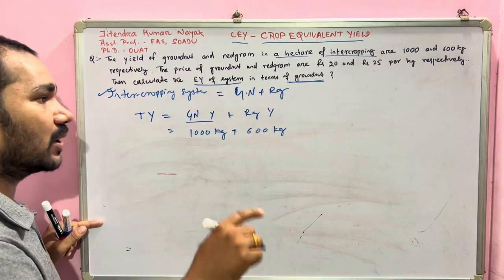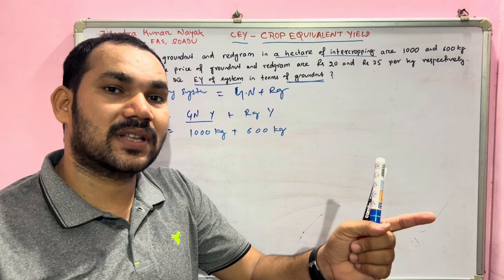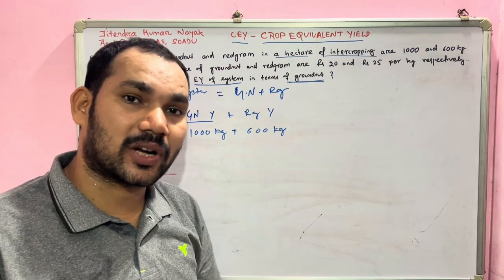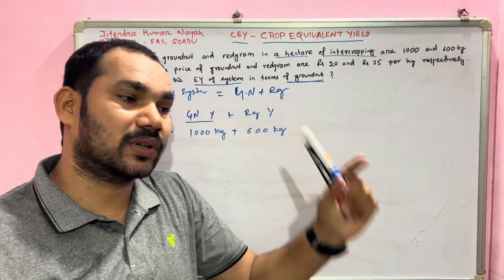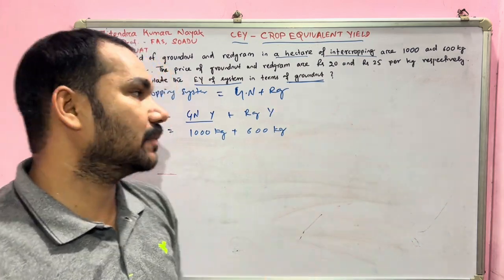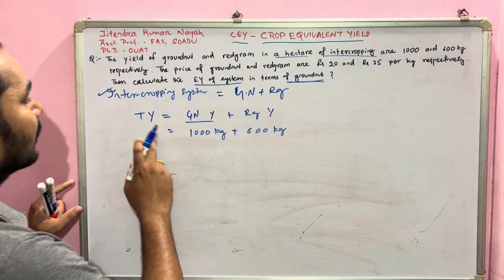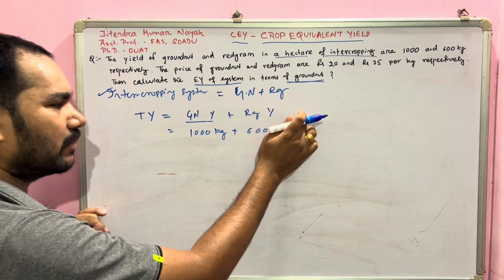In terms of groundnut. Likewise, as I told earlier, in the chocolate and ice cream example, you had to convert in terms of chocolate only. In the case of Ram and Sita, you converted the total chocolate and ice cream with respect to ice cream. So likewise, the total yield of the system is groundnut yield plus red gram yield. Very simple.